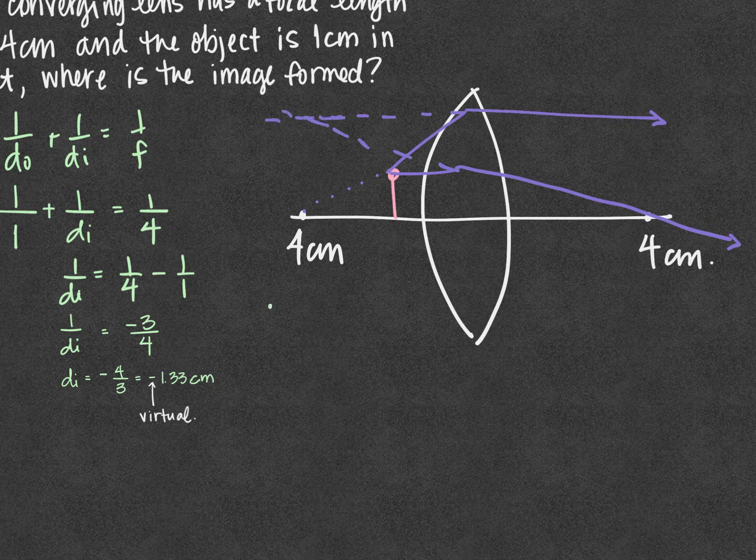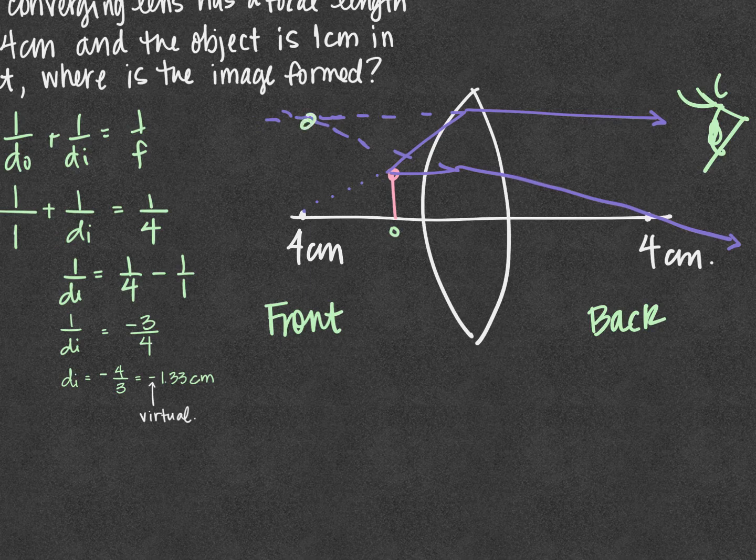So let's call this the front, and this is the back. So if you're the observer and you have an eyeball here, and you're looking at some object here, you're going to see that that object appears to be formed at this place right there.